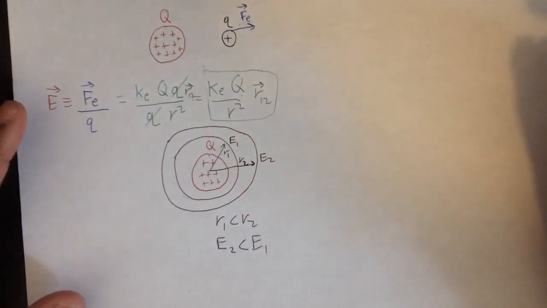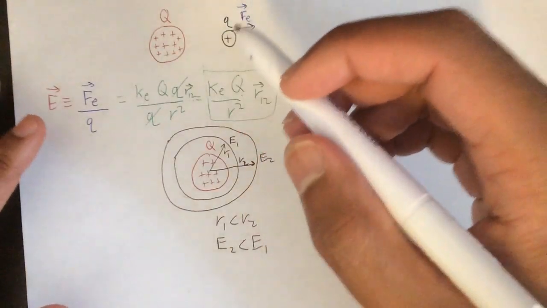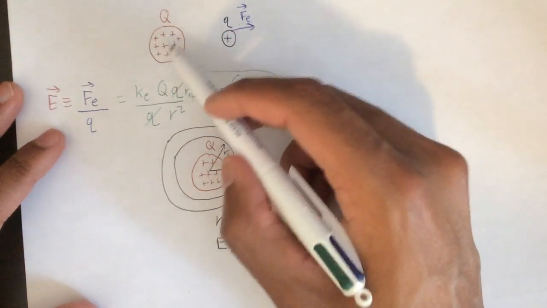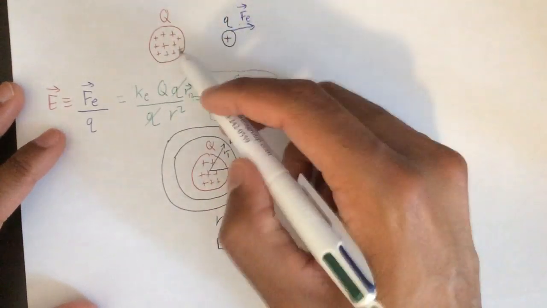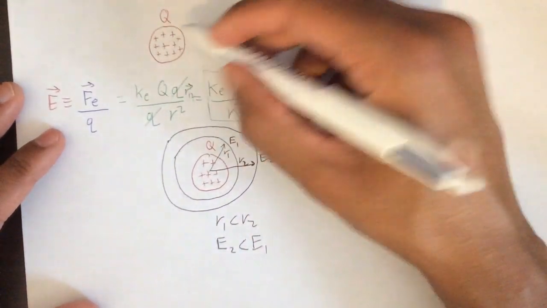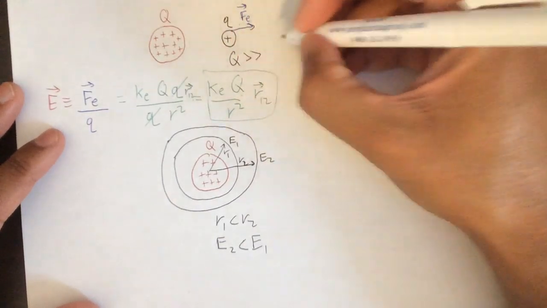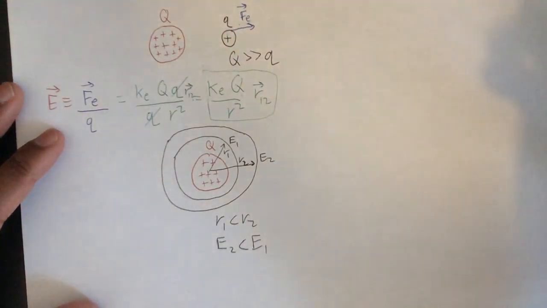One note I want to mention is that we're assuming here that big Q is a lot greater than little q in terms of its charge.